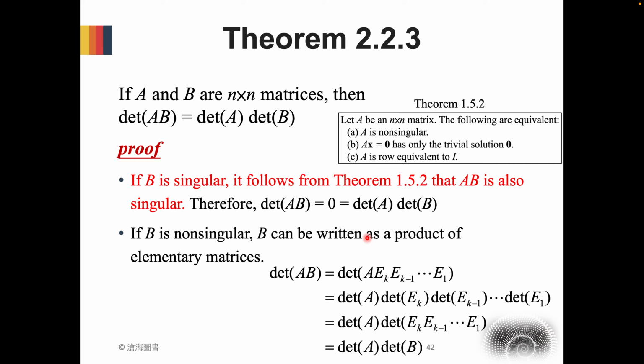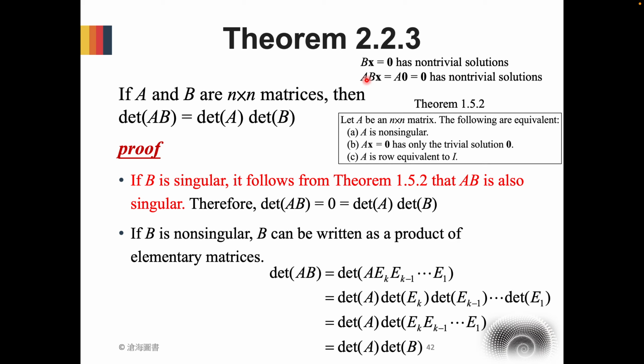So if B is singular, then according to theorem 1.5.2, AB is also singular. Why? We can check this. If B is singular, then Bx equals 0 has a non-trivial solution. We know this before. Then if we pre-multiply both sides with the matrix A, it becomes ABx is equal to A0 is equal to 0, which has a non-trivial solution.